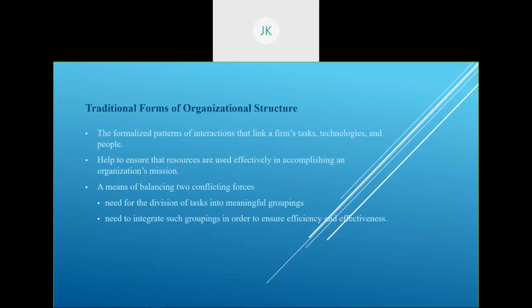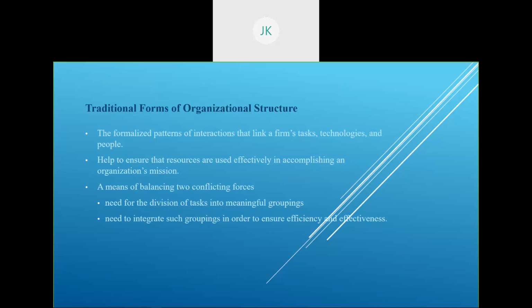And then there are two types of conflicting forces. Then how can we balance these two conflicting forces? First one, how to centralize or decentralize.